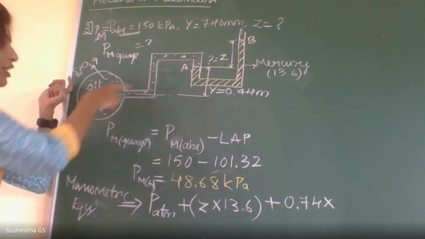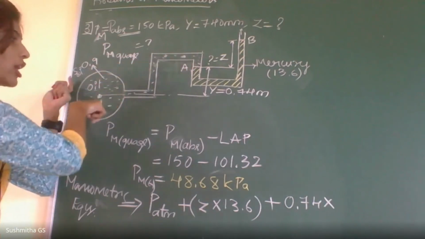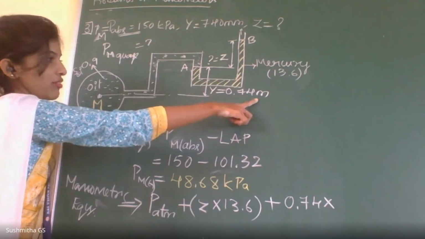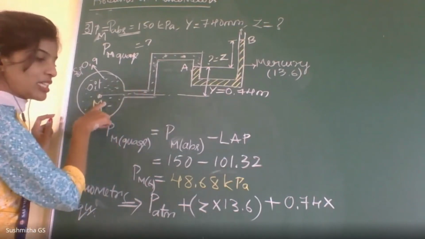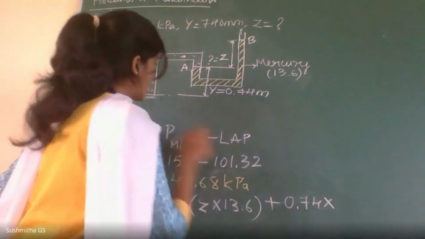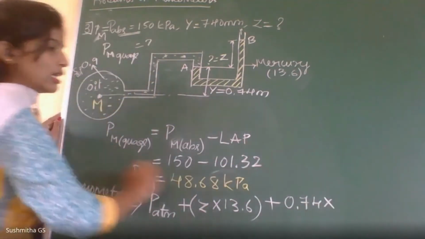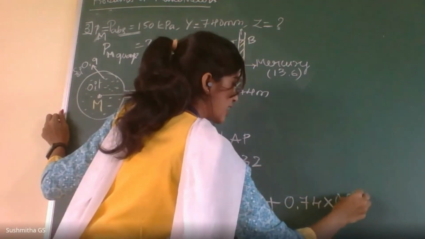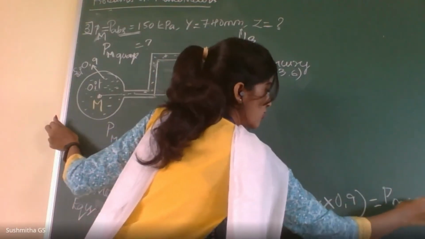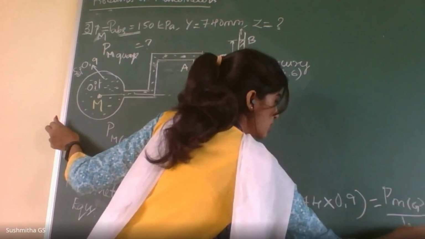From A to M, the liquid present is oil, and the height from A to M is Y, that is 0.74. M is below, that's why it is plus. So the height 0.74 into the specific gravity of oil, 0.9, will be equal to the pressure at M, which is gauge pressure, divided by the specific weight of water.